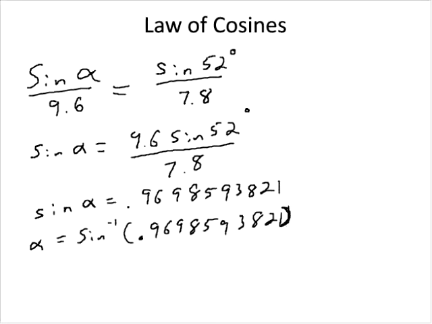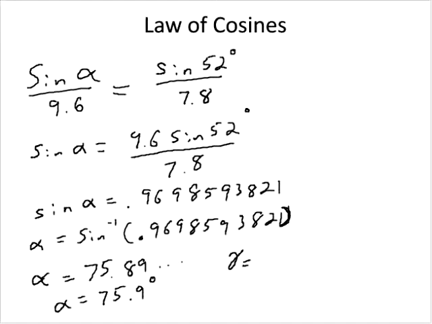Let's put parentheses there. So the angle alpha should be equal to, well, on mine it's 75.89 something, so we'll say alpha rounded to the nearest tenth is 75.9 degrees.